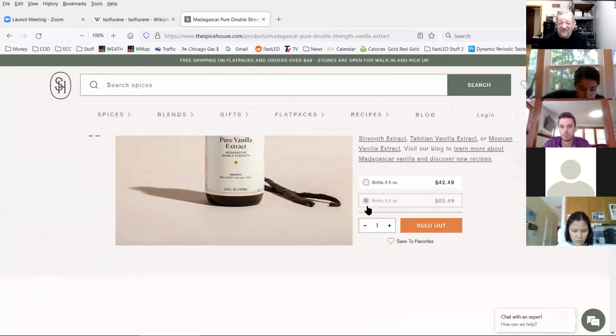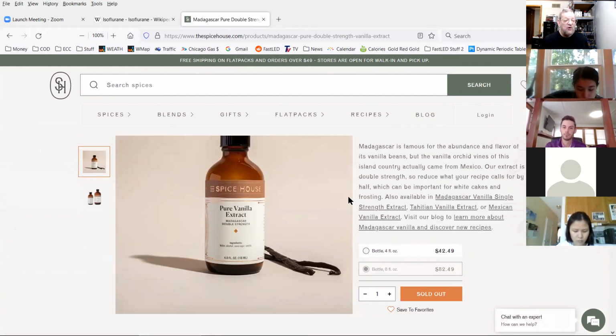The 8 ounce bottle, which they're out of stock right now, is $82. I usually buy 8 ounce and it's worth every penny of it. Once you use this stuff, you will never, ever want to use, I'll use the proper term, the garbage they sell in the supermarkets.